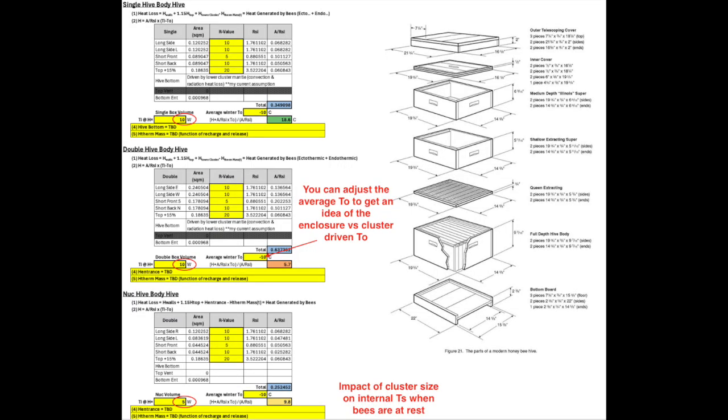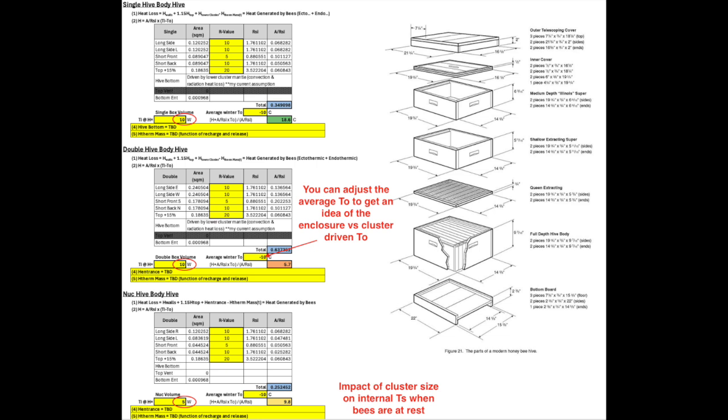And then the last one, you can see for equivalent R factors on a single, a double, and a nuc, how the volume, the increase or decrease in surface area, actually impacts the outcome of that colony and what the potential inside temperature is. Because I found over time there's not much difference between a cluster in a single and a double.